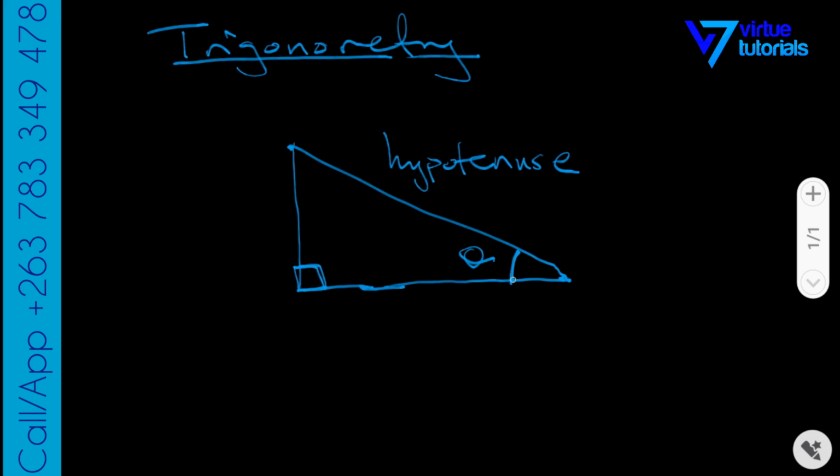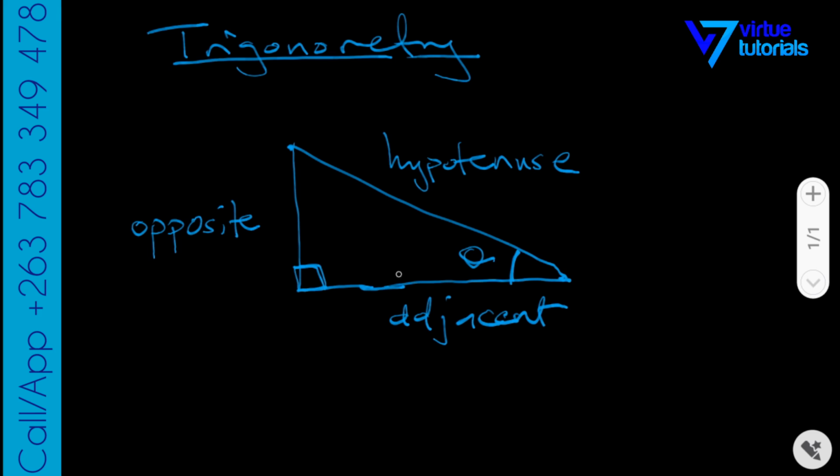If I call this angle theta, then the other two sides can be named depending on their relationship to theta. This side here is opposite theta, so we call this the opposite. This side is next to theta, or adjacent to theta, so we call this the adjacent.